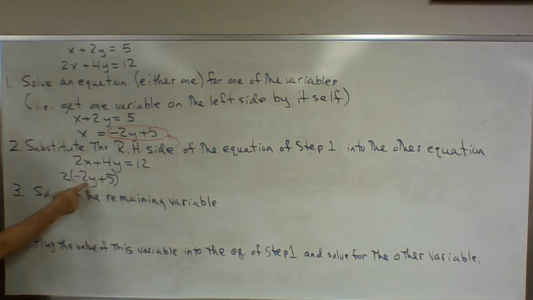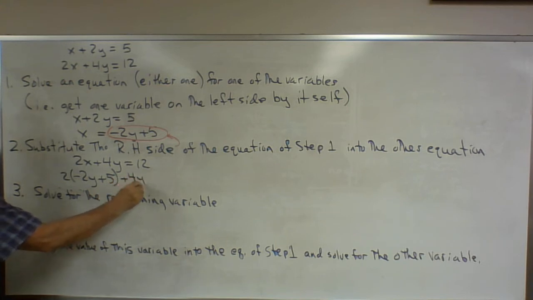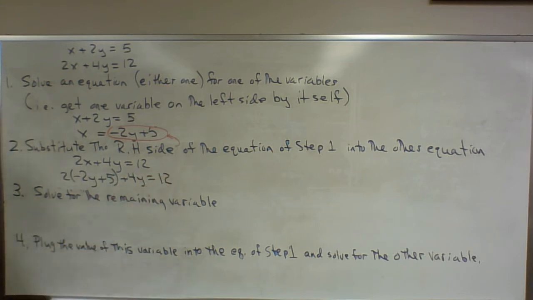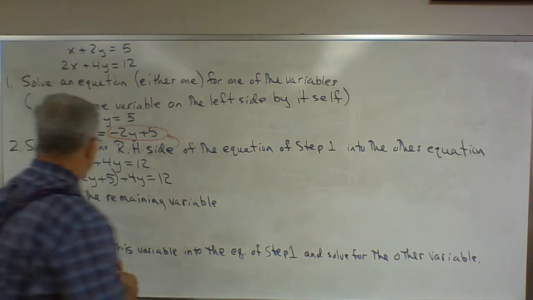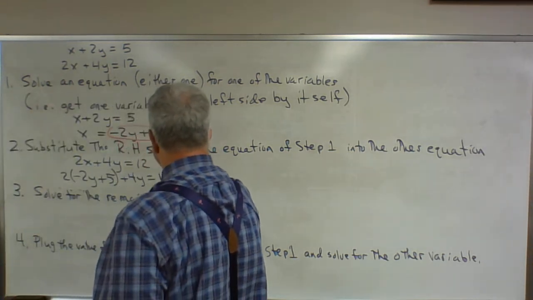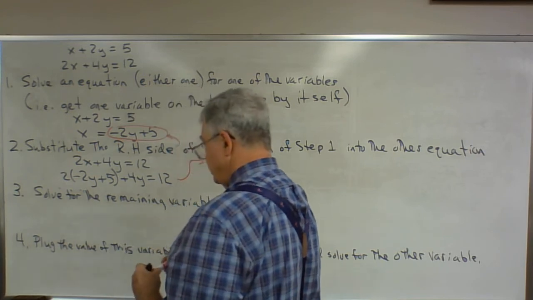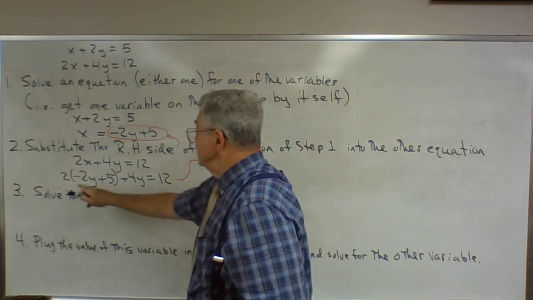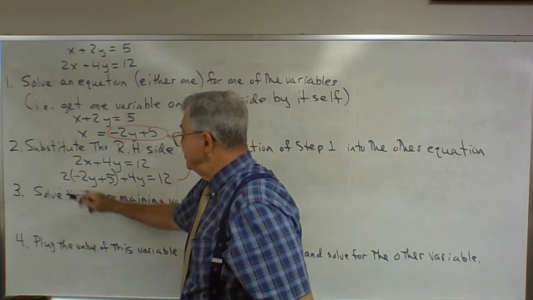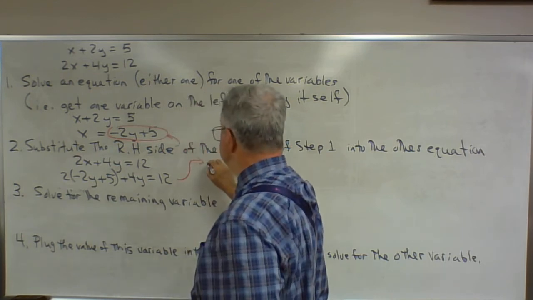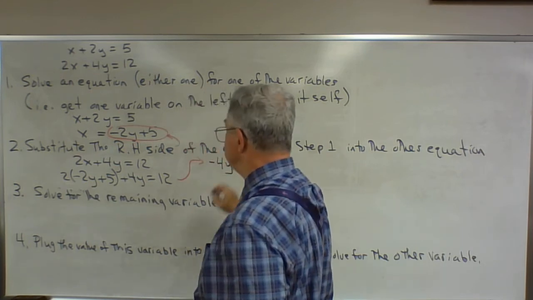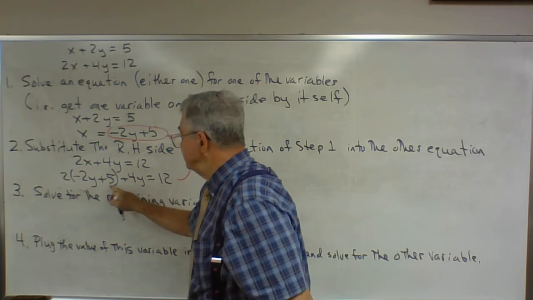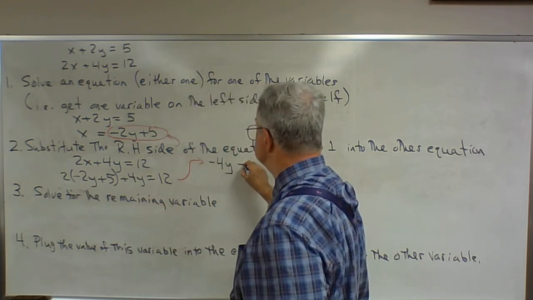So here's 2x plus 4y equals 12. And we're going to have to simplify that. Two times negative 2y is negative 4y. 2 times 5 is 10.